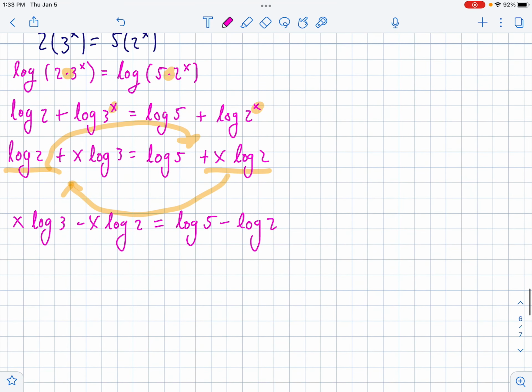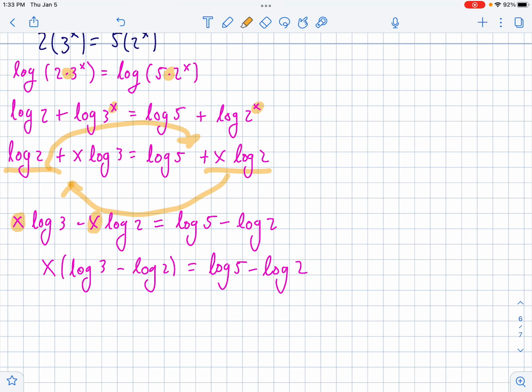Yeah. The reason I did that move is now both of these things on the side have an x in them. So I'm going to factor out that x and get x times log 3 minus log 2 is equal to log 5 minus log 2.